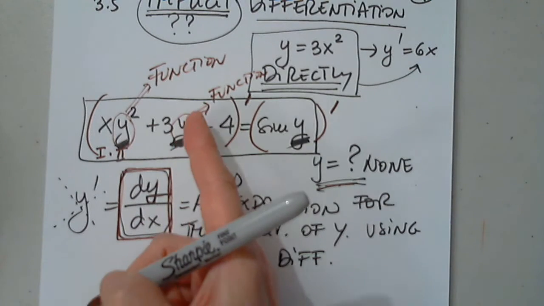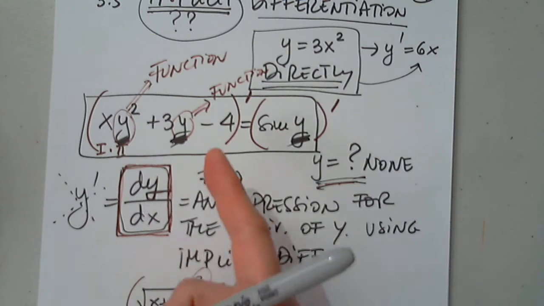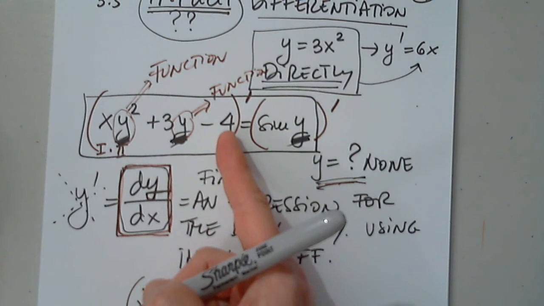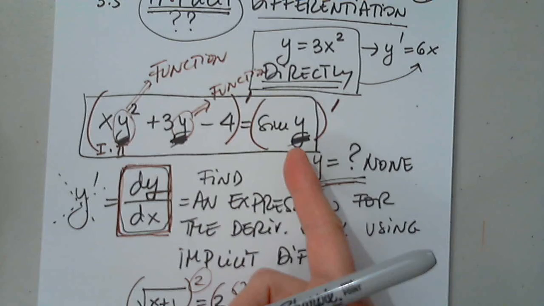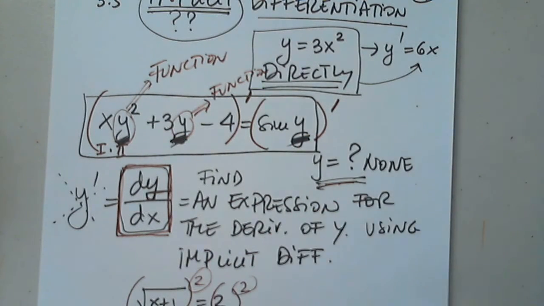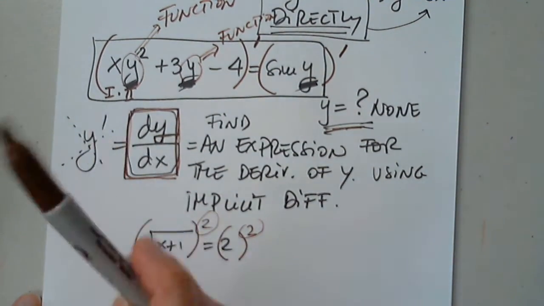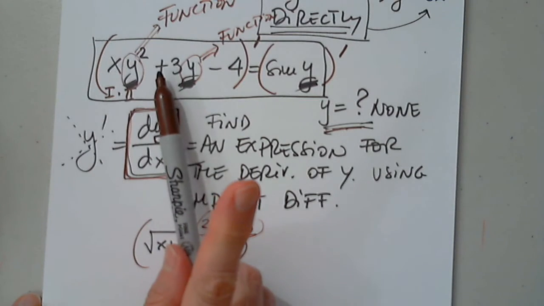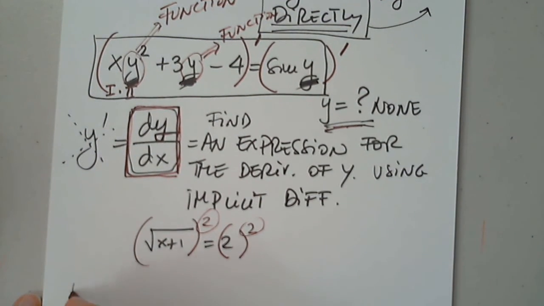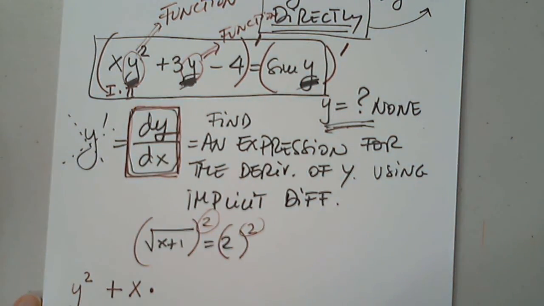Here I'm differentiating 3 times a function that I don't have, so I have to use the prime symbol. This is nice and easy because the constant prime is 0. Here I have an outer function and an inner function. So the product rule on the first one. The first function prime, luckily, is 1, times the second one, plus the first function times the second function prime. We just looked at the chain rule.